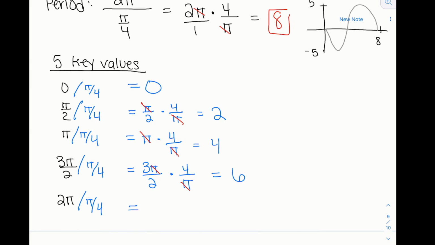And the last one we've already figured out, which was 8. So these are the new 5 key values.